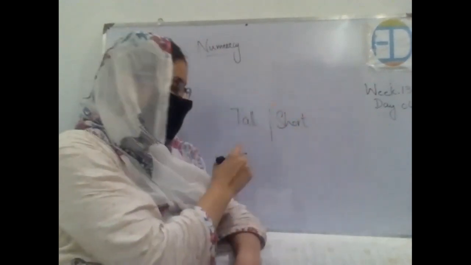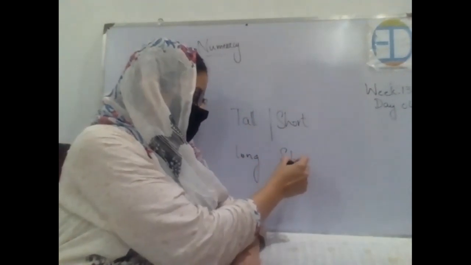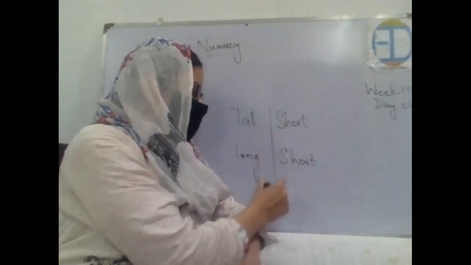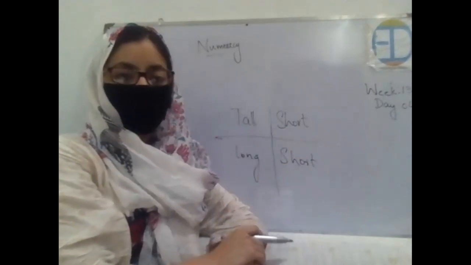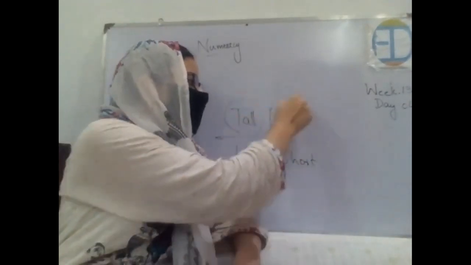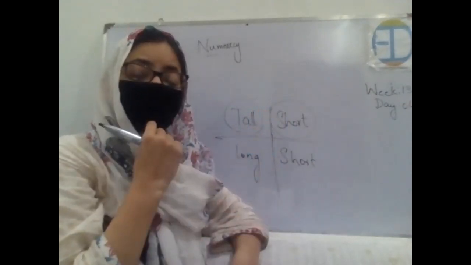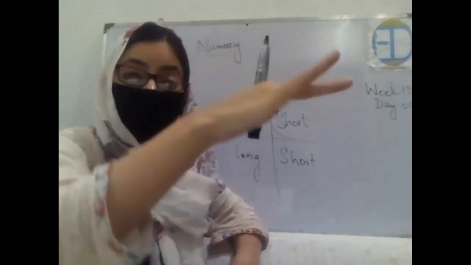And there was another one which was long and short. So I told you not to get confused between these two. Why? Because we call something tall and short when we are measuring their height, basically, right? Or how far above the ground they are.